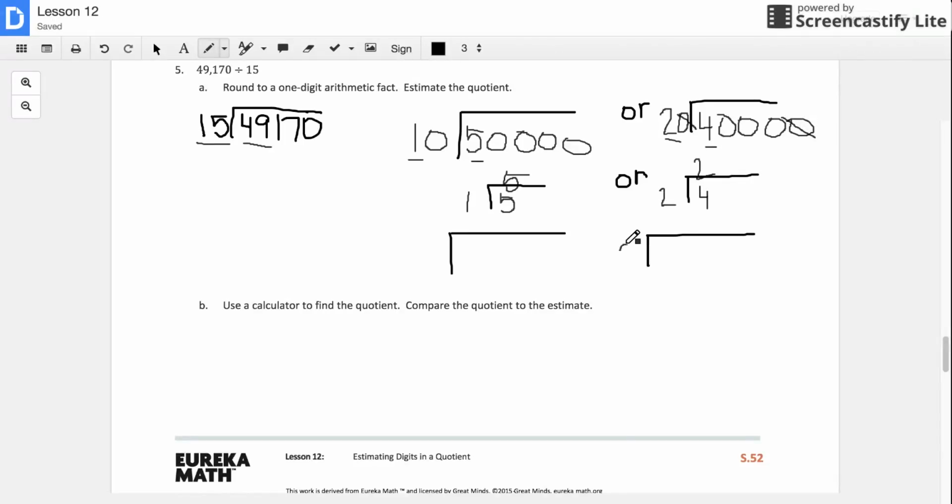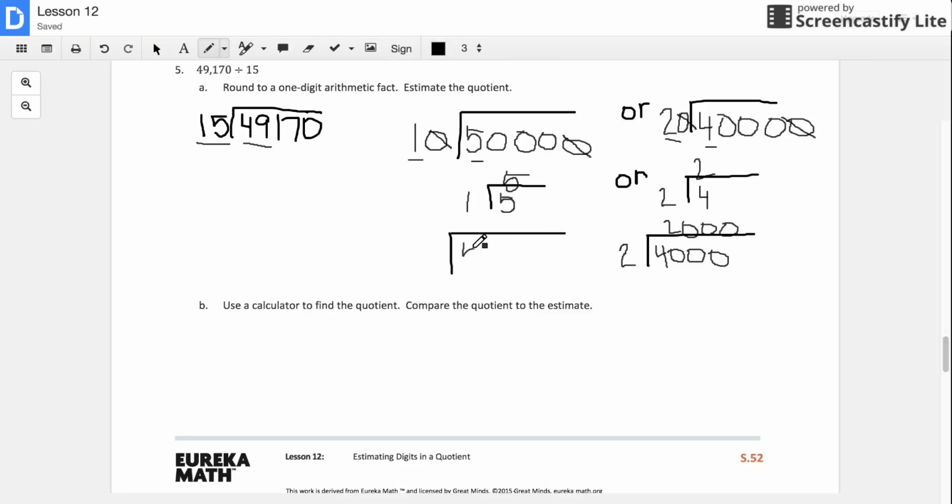So on this side, that would give us an estimate of 4,000 tens divided by 2 tens, which would be 2,000. And over here, we would think about it in terms of 1 ten over here and 5,000 tens over here.